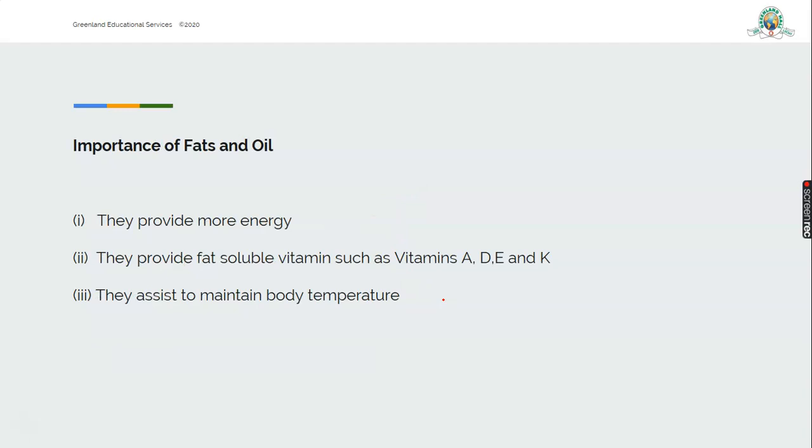Importance of fat and oil. They provide more energy. They provide fat-soluble vitamins, such as vitamin A, vitamin D, vitamin E, and vitamin K. Fats and oil also assist to maintain body temperature.